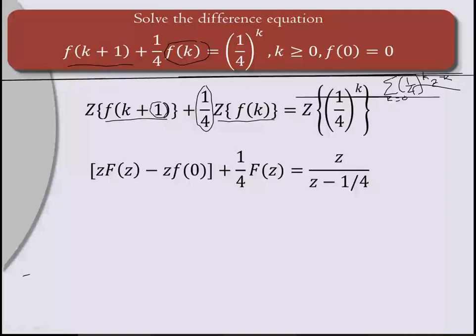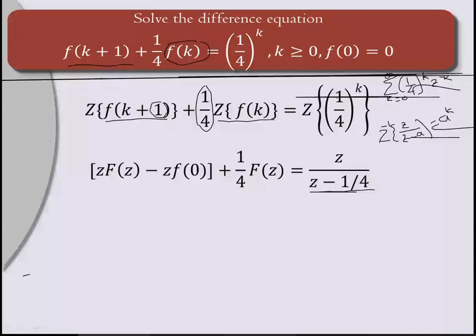Or we already saw that the z inverse of z upon z minus a is a raised to k, so you can use the reverse of that. So the z transform of a raised to k is z upon z minus a, and the z of 1 by 4 raised to k will be z upon z minus 1 by 4.